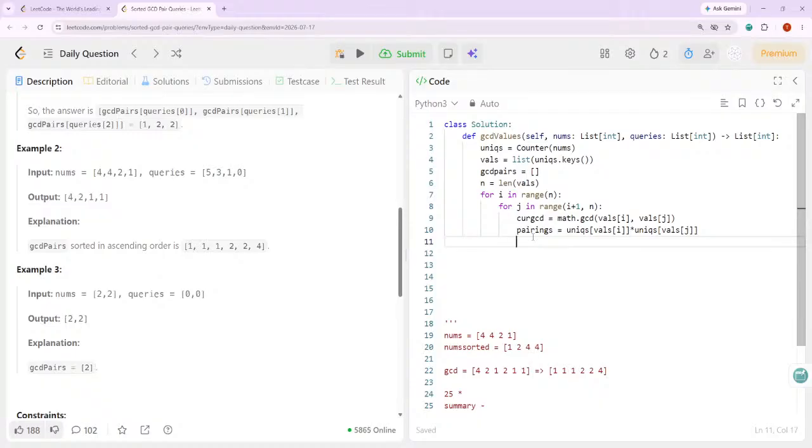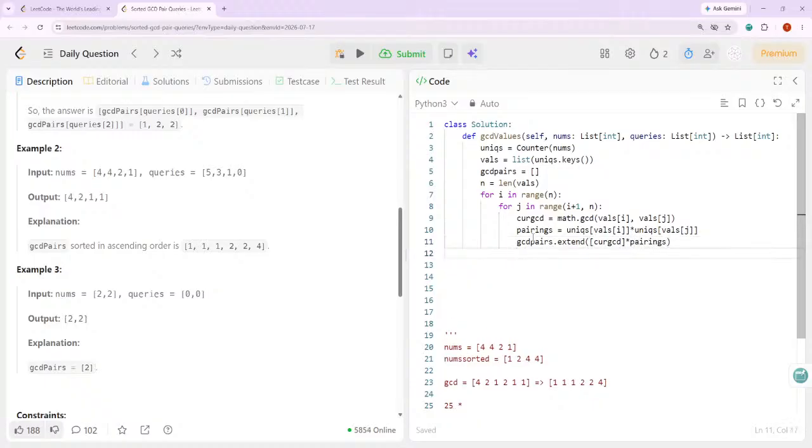Okay, and then it'd be GCD pairs.extend, which is the way to add a list of elements rather than a single element to the array. So it would be current GCD times the number of pairings. Okay, so that's for uniques versus uniques.